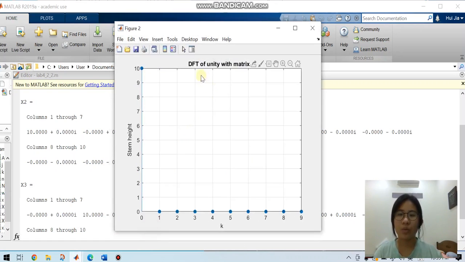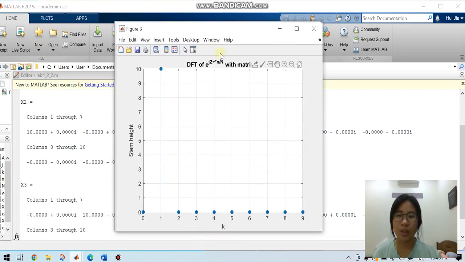For figure 2, which is the DFT of the unity signal with the matrix, from 0 to 9, the stem height at 0 will only remain 10, while the others are zeros.